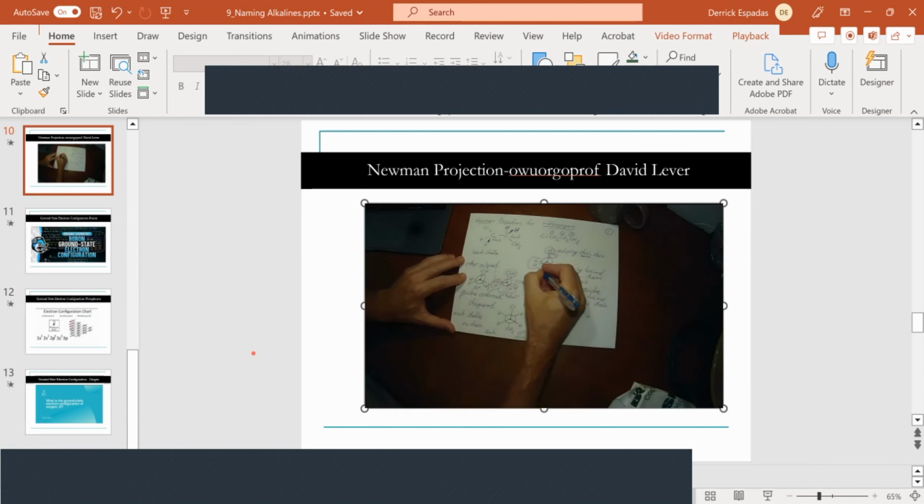Keep rotating it, 180 degrees would be where I have the eclipsing steric strain, and then I rotate a little bit more, and I'd have my 240 degree conformer, and then my 300 degree conformer, and then if I rotated this a little bit more, that CH3 group would come back down and be back to 0 degrees. So I could actually plot those on a graph. So those are the conformers that you want for the 1-chloropropane.